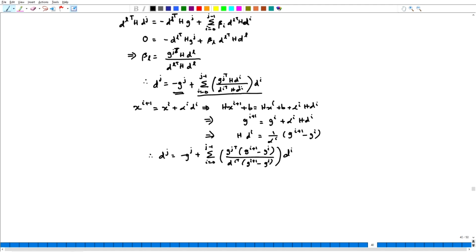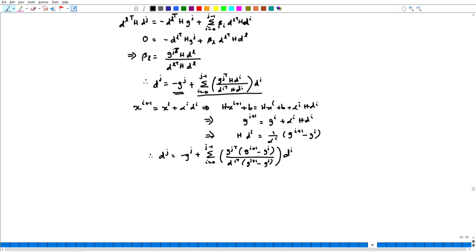So, I have just substituted 1 by alpha I instead of H d I, and since 1 by alpha I is a scalar, they cancel in both the numerator and the denominator. So, I had g j transpose into g I plus 1 minus g I. Okay. So, that is basically what we have here.